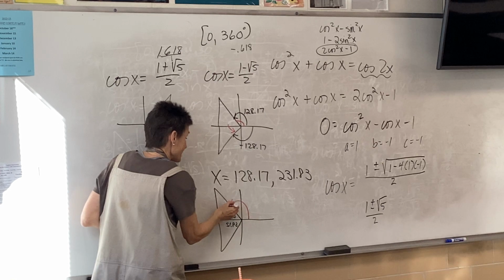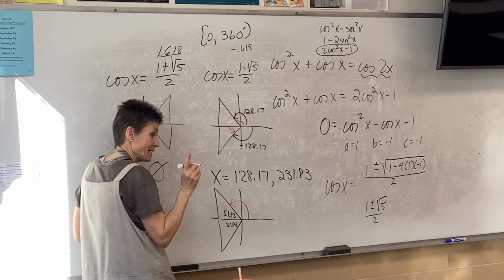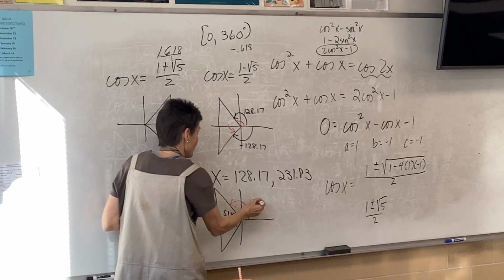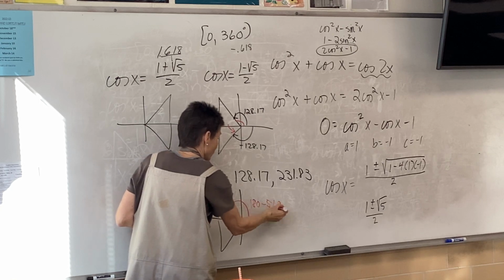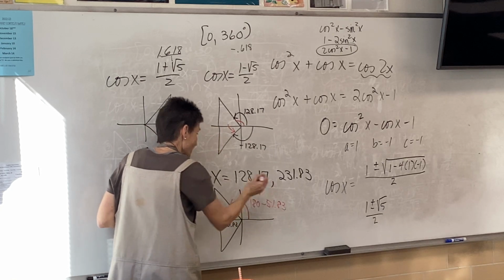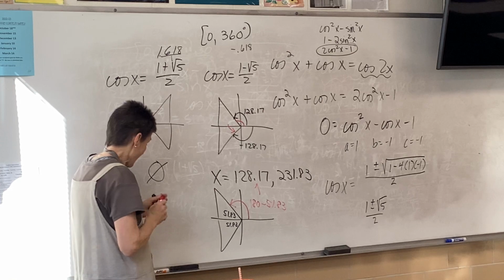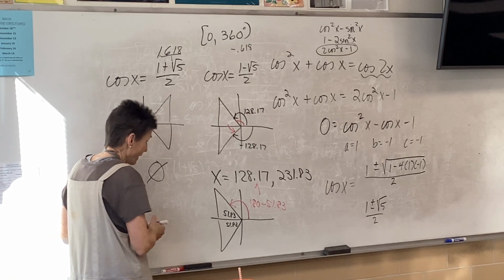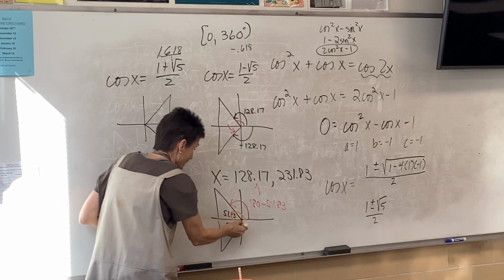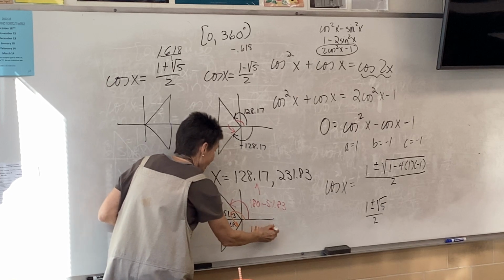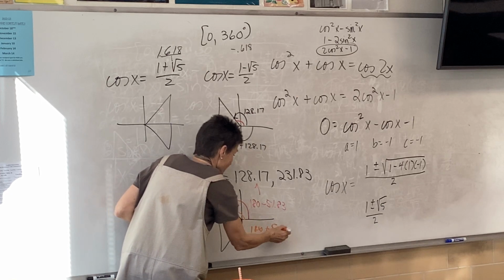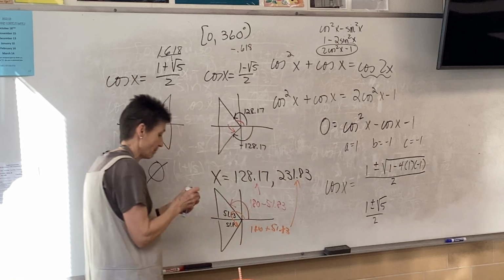So this right here is one of my answers, and it will be 180 minus 51.83, which is that number. And my other answer will be 180 plus 51.83, which is that number.